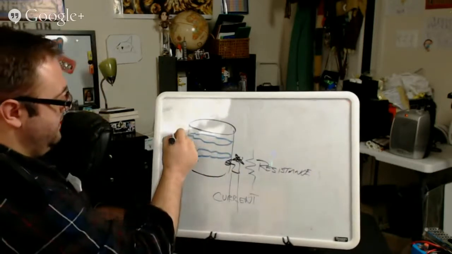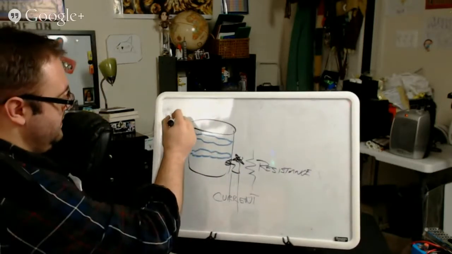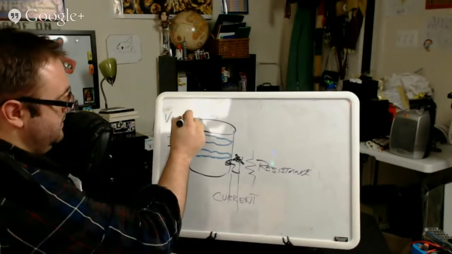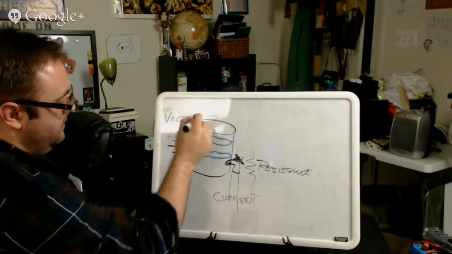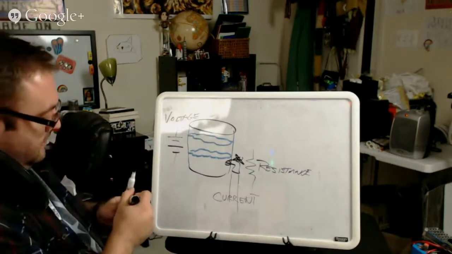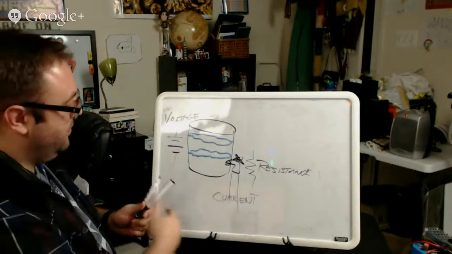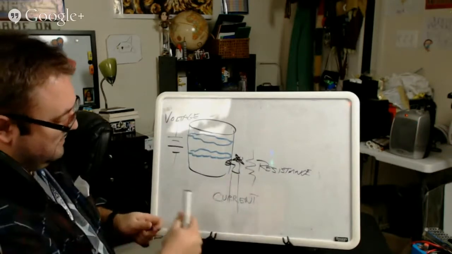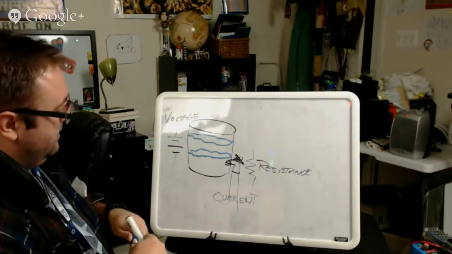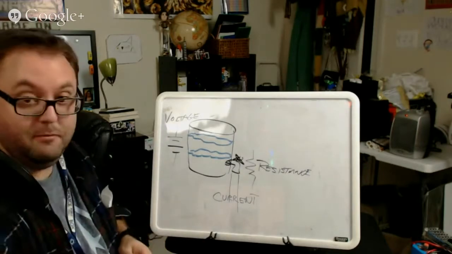And my battery, that's the voltage. So that's the actual electrons flowing. The spigot is my resistor, and the water level is my voltage.